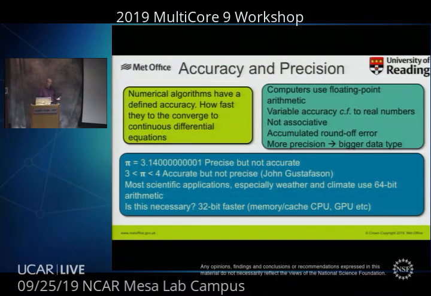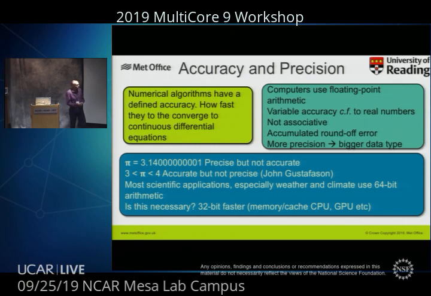So for the numerical solvers, we have to think about accuracy and precision, of course, and they're not the same thing. Numerical algorithms have a defined accuracy, how fast they converge, in our case, to the continuous differential equations that we're replacing with these numerical methods. But computers themselves use floating point arithmetic to do that, and they have variable accuracy compared to real numbers.